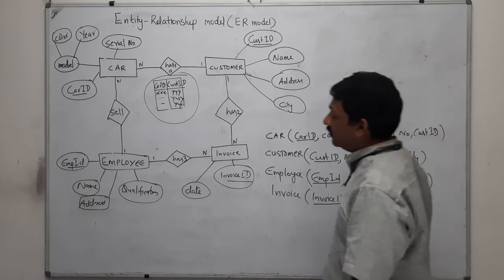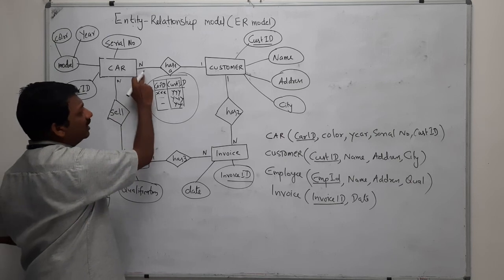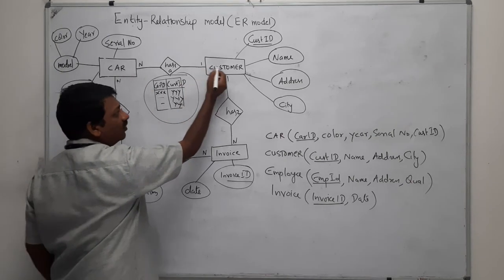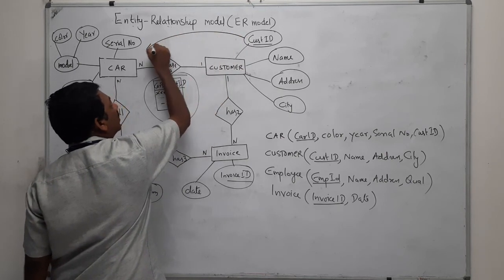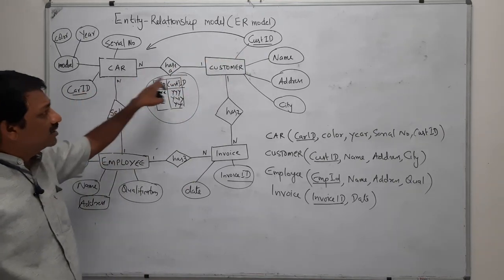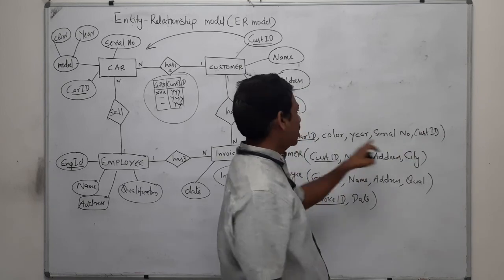This is the many side and this is the one side, and from the one side you are shifting the primary key to this side. That means customer ID is added to car.